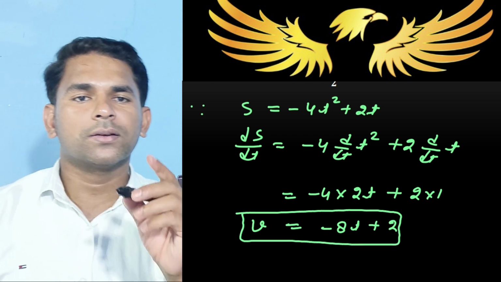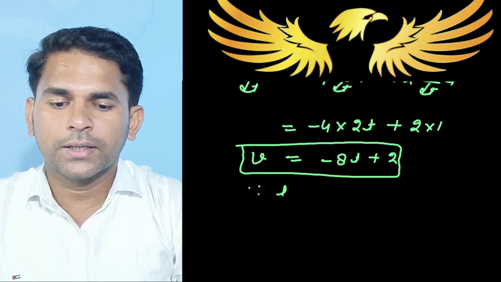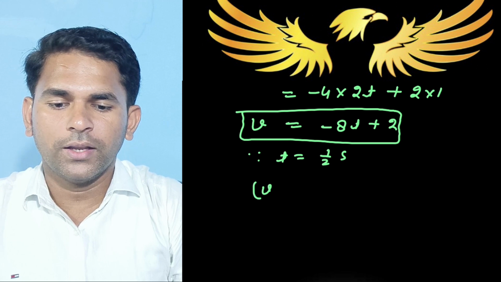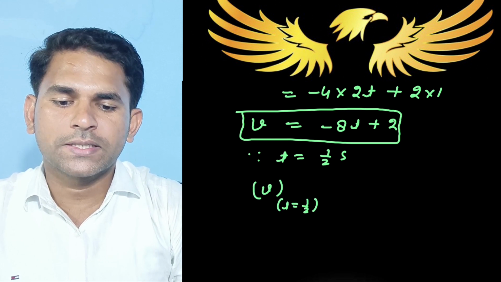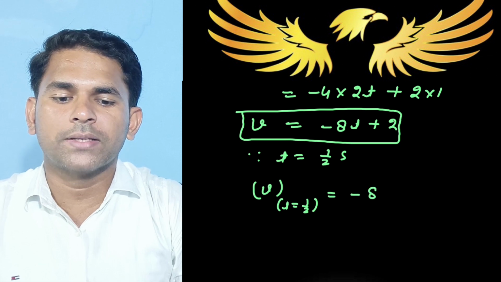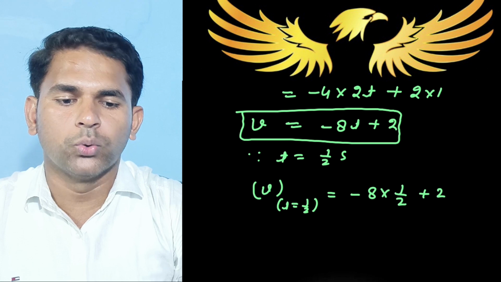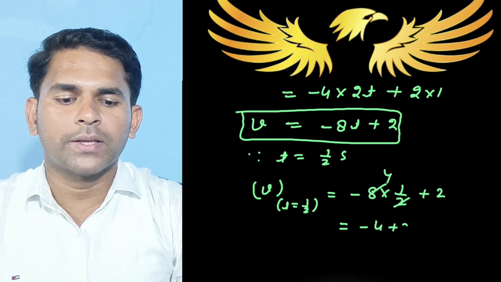But they are asking for the value of the velocity when time t is equal to half a second. So velocity v at t equal to half second is minus 8 into half plus 2, which means minus 4 plus 2.